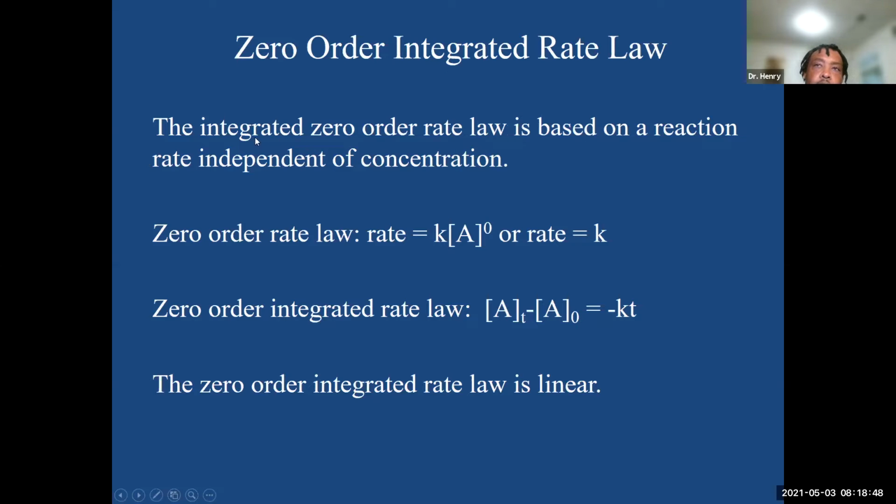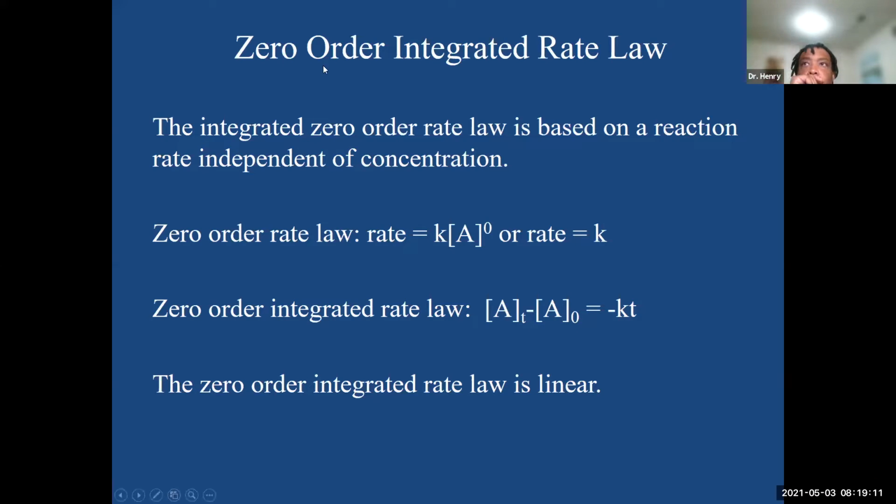So the integral for the rate law is going to be based upon the rate being equal to K times the concentration of A to the 0, meaning that it's not a function of A at all, right? Because A to the 0 power is just going to be 1.